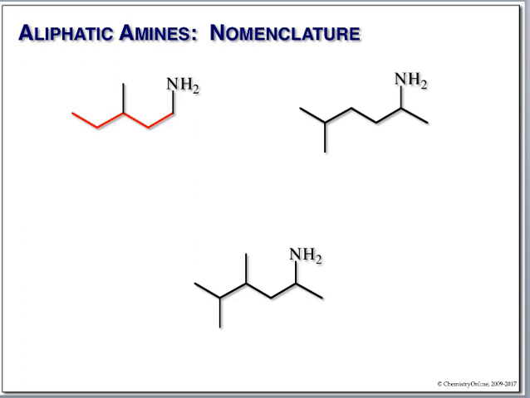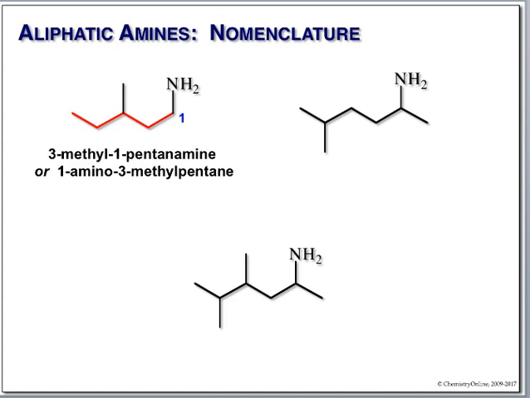So here we're going to let this carbon be carbon number 1. So we have a pentanamine with a methyl group here in carbon 3. 3-methylpentanamine. We could also call it 1-amino-3-methylpentane. Both of those are fully acceptable IUPAC names.